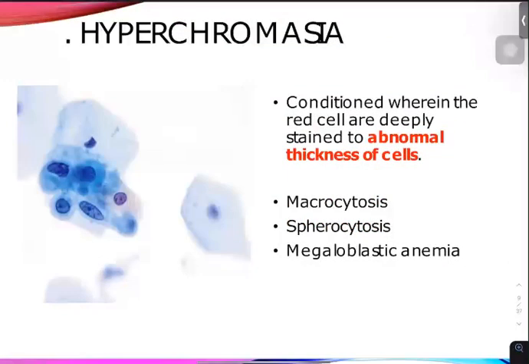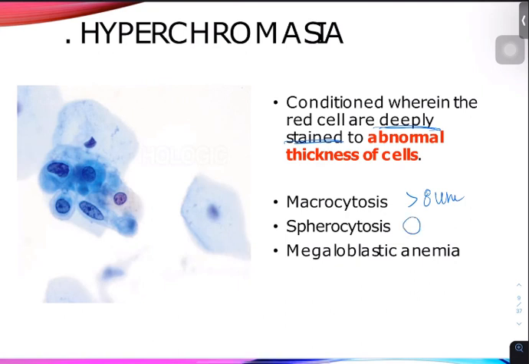When you have hyperchromasia, too much color, it is a condition wherein the red cell is deeply stained. Sobrang dark ng stain. This is usually caused by abnormal thickening of the cell. Usually associated with macrocytosis, which is larger than 8 micrometer size, and spherocytosis, where RBCs are in the shape of a sphere.